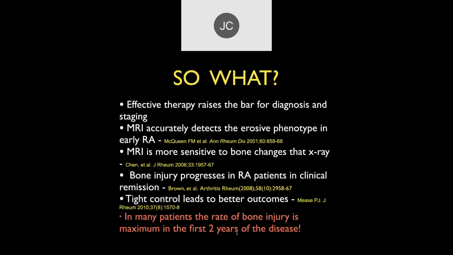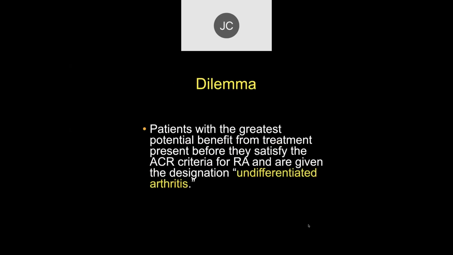One thing to remember is that the rate of progression of bony osteitis, bone destruction and erosive changes is maximum in the first 2 years of the disease, and therefore that early time point is the critical time to make the diagnosis and get them on effective treatment.